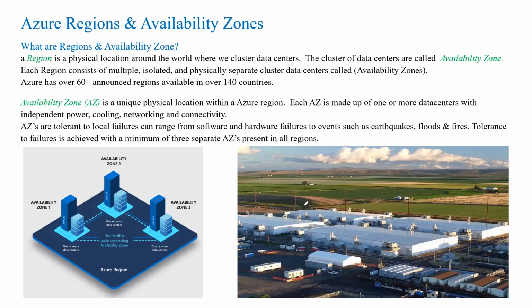So whatever the reason, let us say this entire data center has gone down due to earthquake or floods or any natural calamity, or even a power failure, or the availability zone has some major issues. In that case, your VM will automatically be available or accessible from availability zone 2 or availability zone 3.